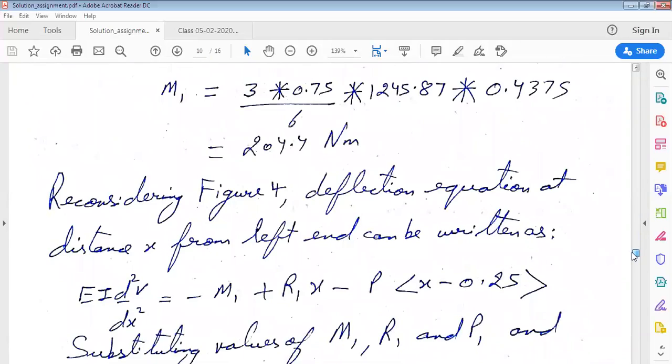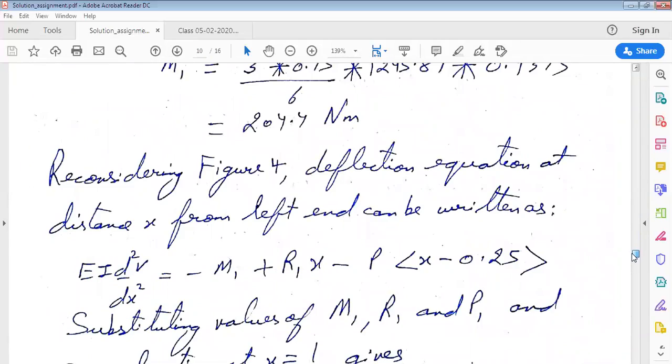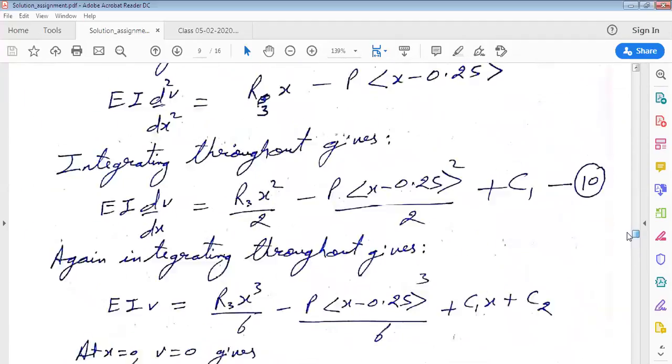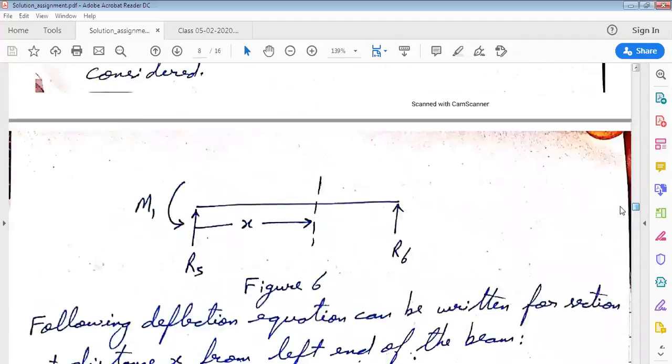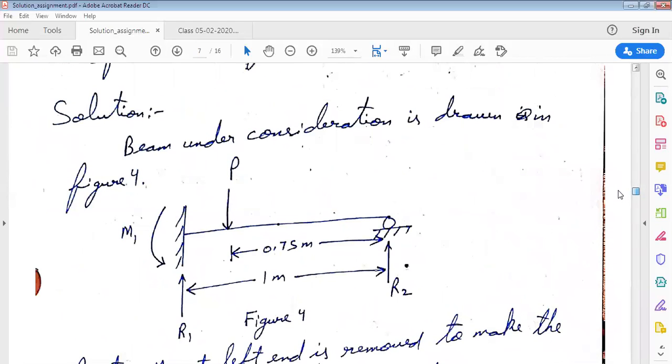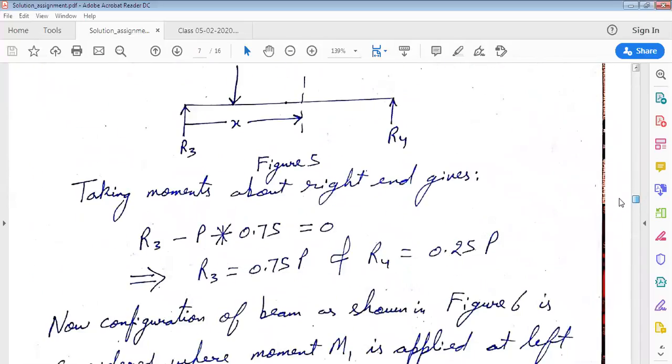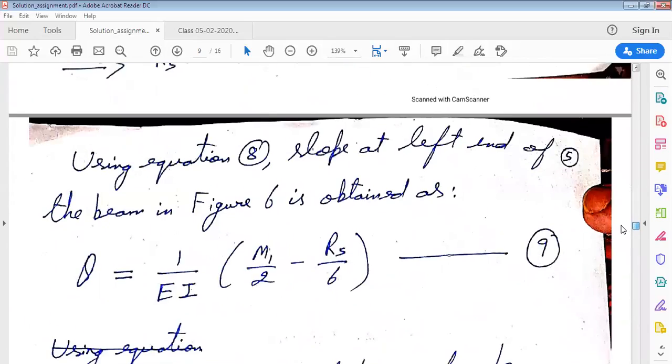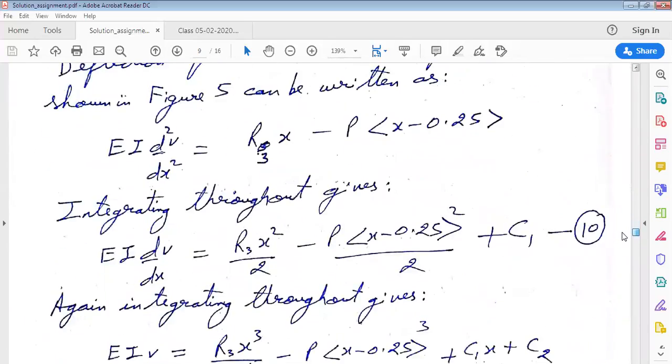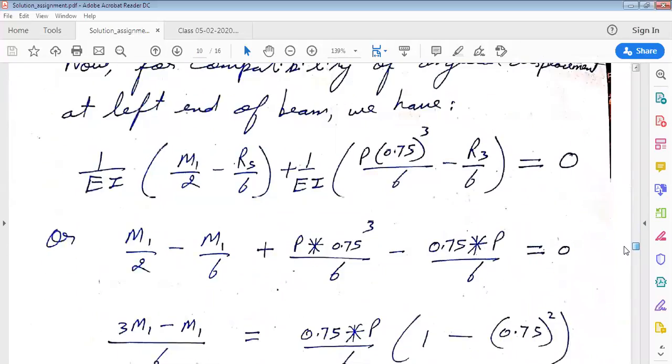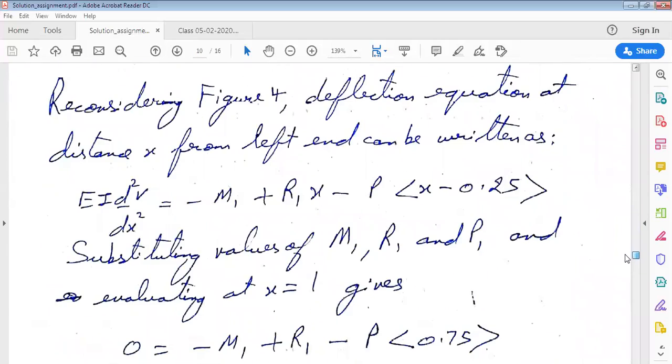Reconsidering figure 4, the deflection equation at distance x from the left end can be written as, let us look at figure 4. This is figure 4, the original beam which we want to solve. If you consider a section at distance x from the left end, we can write the deflection equation as EI d square v by dx square equal to minus M1 plus R1x minus P bracket start x minus 0.25 bracket close.